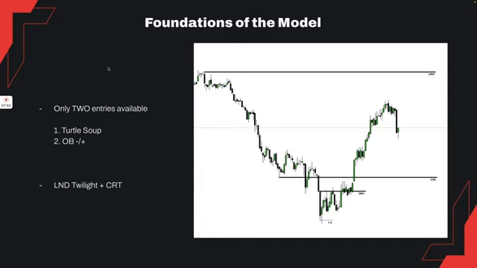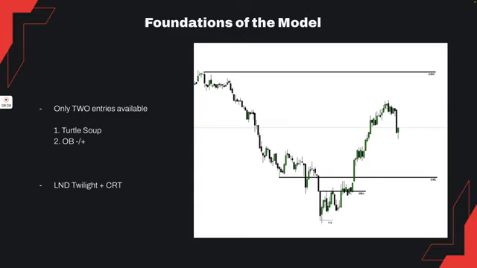Other than these two entries, the second to last foundation would be CRT within the London twilight zone. Meaning you are trying to locate a specific CRT to be turtle souped within your London twilight time zone.